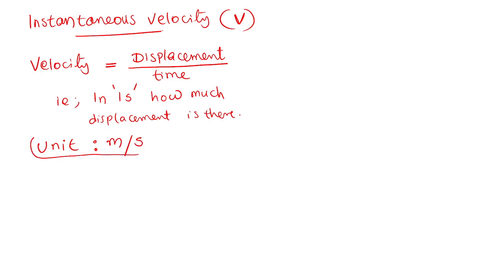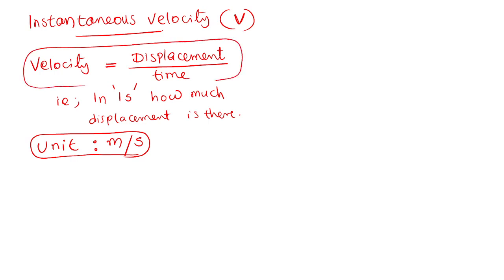The unit of velocity is meter per second. Actually you studied this in the lower classes, but you must know the basics. So the velocity is displacement by time. I hope you have understood.